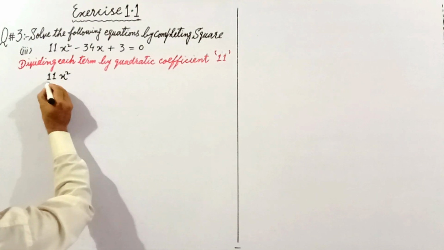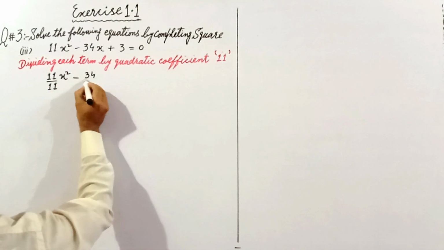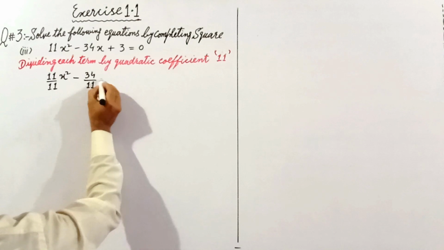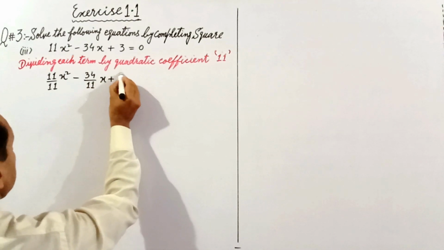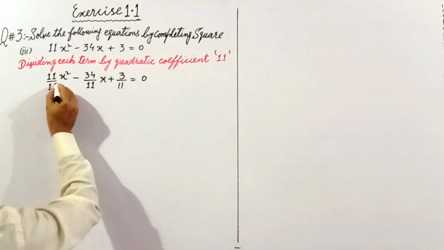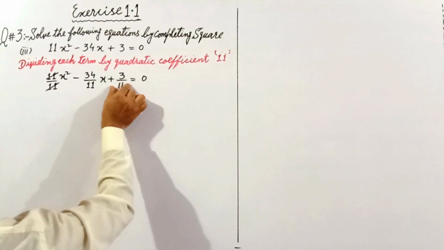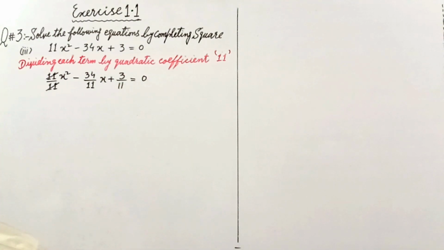Eleven x square divided by 11 minus 34 divided by 11x plus 3 over 11 is equal to 0. 11 is cancelled by 11, and in the next step we take 3 over 11, the constant term, to the right hand side.